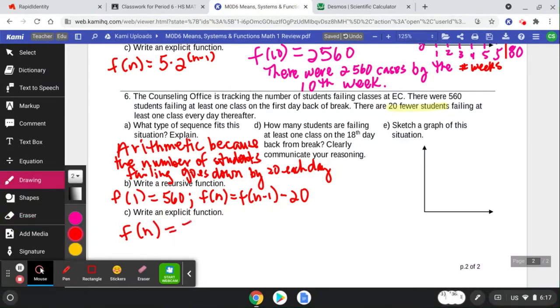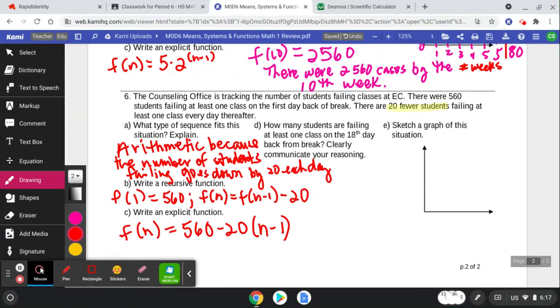We began with 560 and then 20 fewer students failing at least one class every day thereafter. And then this is a big n minus 1 because we're repeatedly subtracting instead of multiplying like the last one.